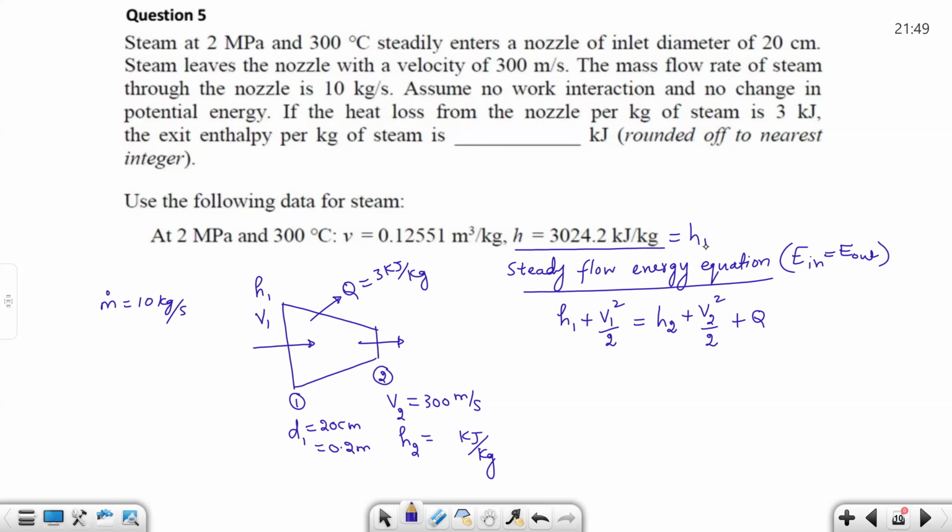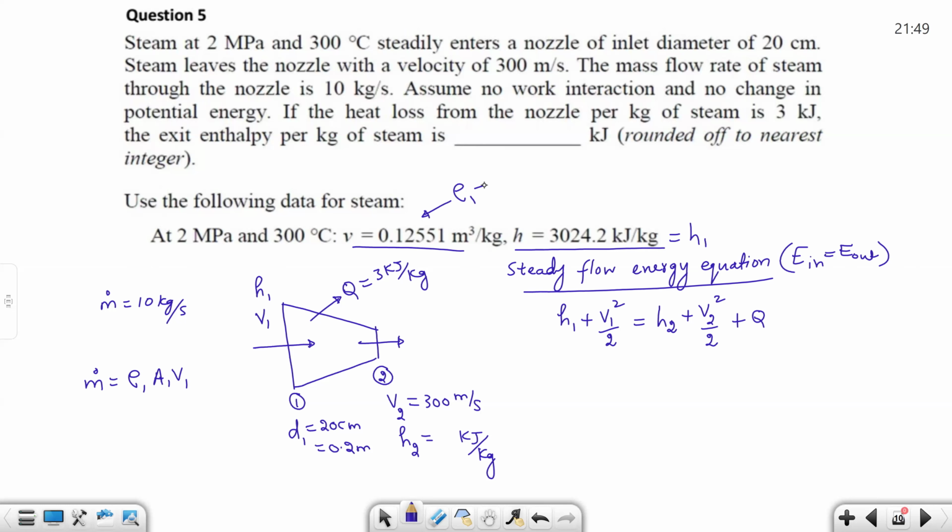So how do we find V1? We know that mass flow rate is equal to rho1 A1 V1, so this will give you the velocity V1. Density you can find at the inlet.